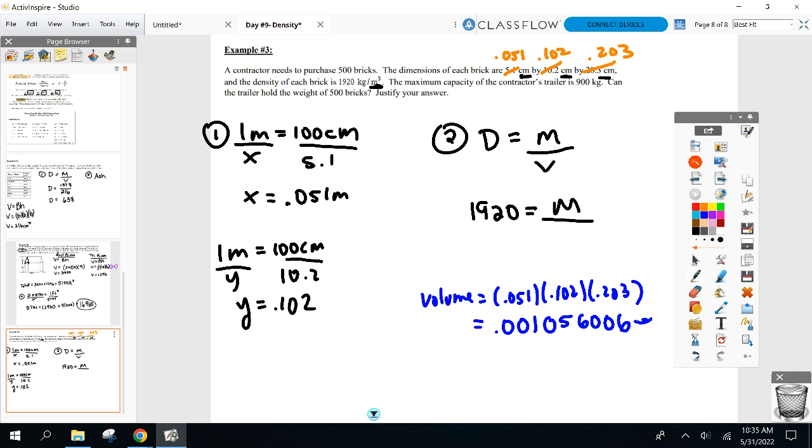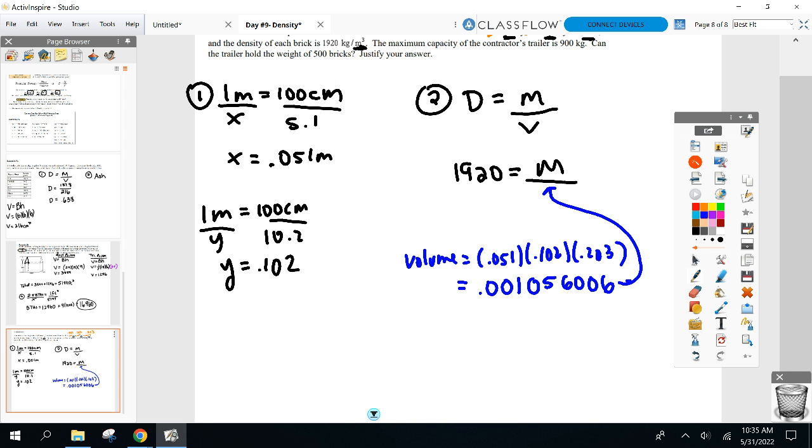Plug it in for volume. If it helps, put 1920 over 1. Cross multiply.